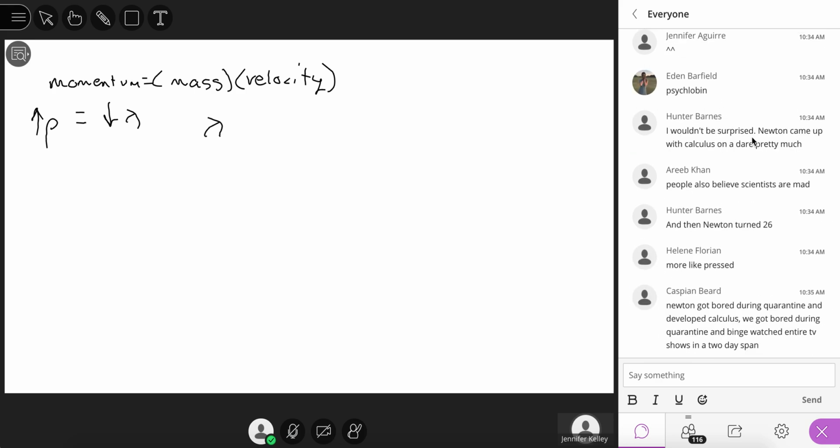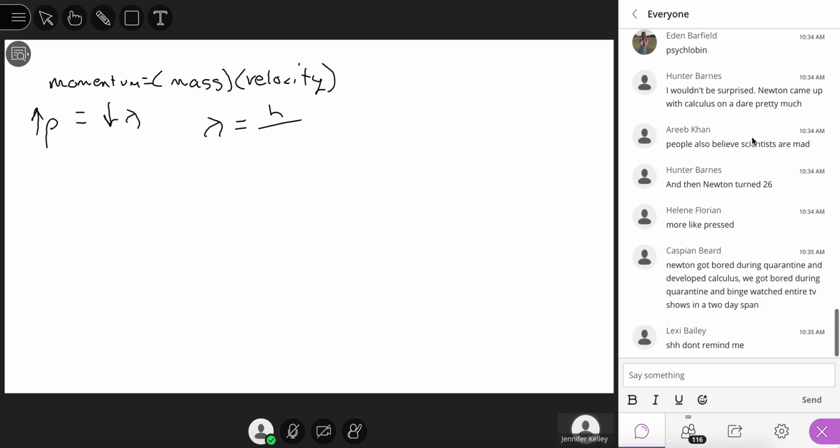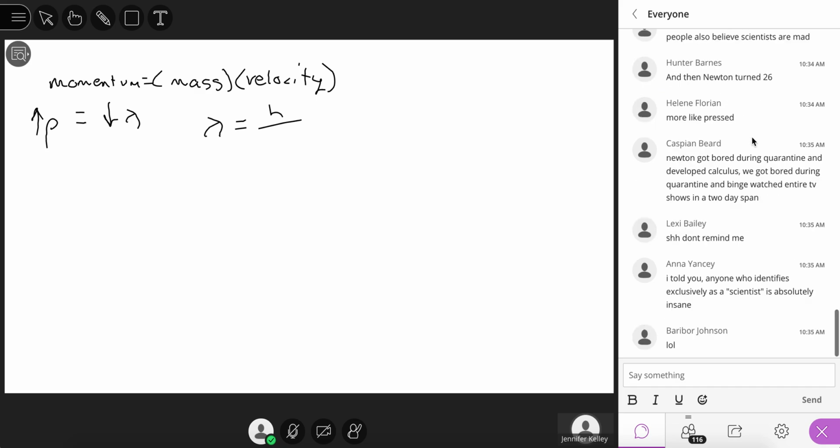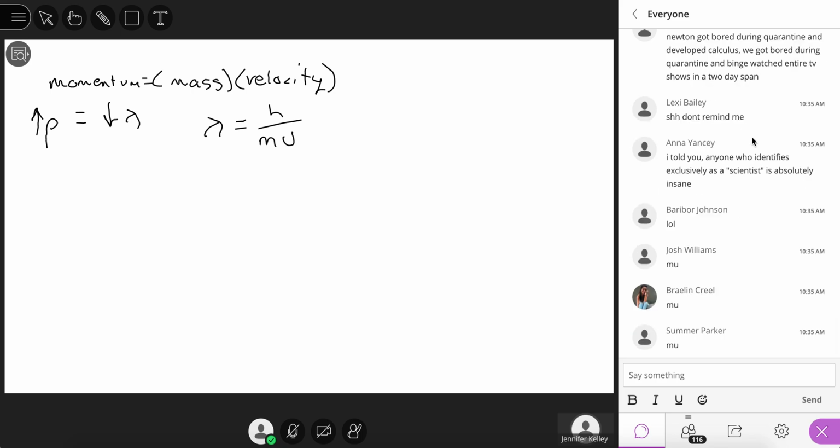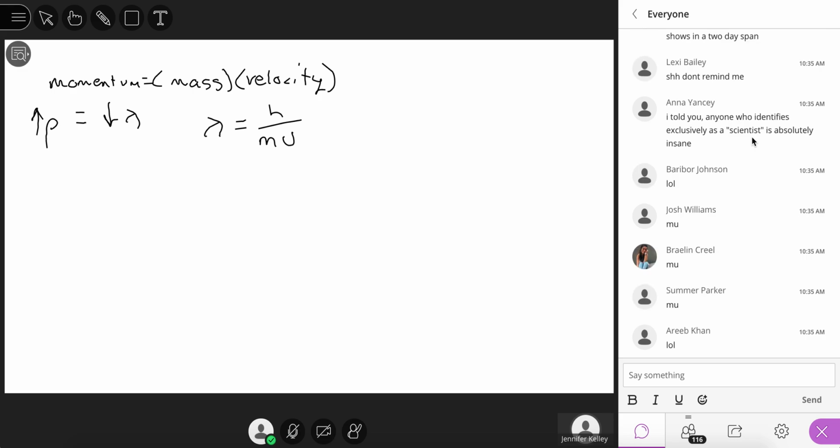So again, the formula for the de Broglie wavelength is h over momentum, h over mu, so that's the de Broglie wavelength.